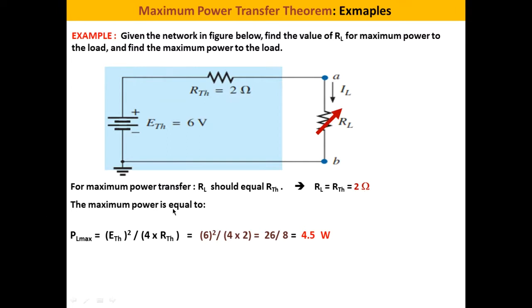And the maximum power transferred to the load is E Thevenin squared divided by 4 times R Thevenin, which is equal to 4.5 watts. So the maximum power that can be transferred to the load is 4.5 watts when the load is set equal to R Thevenin.